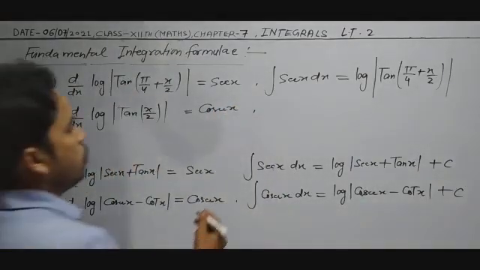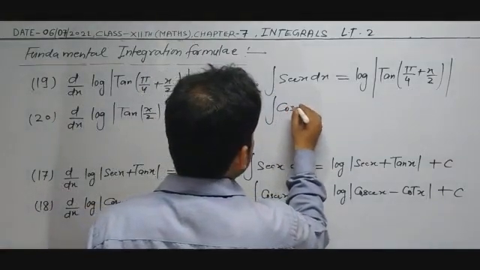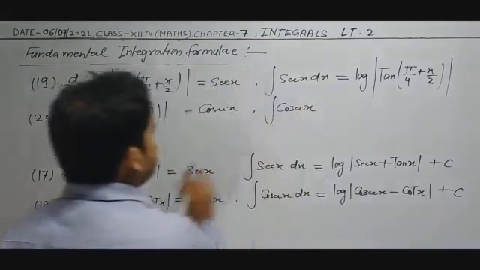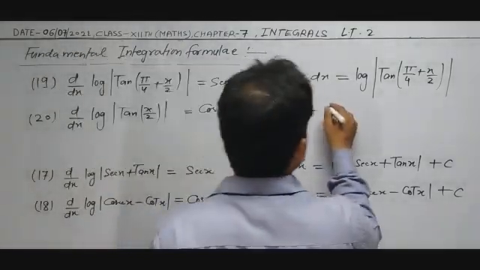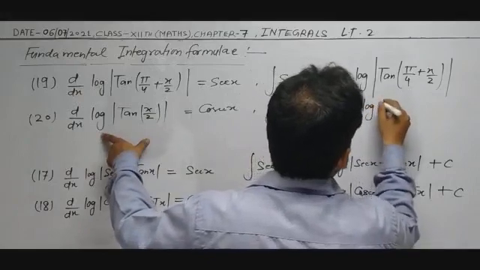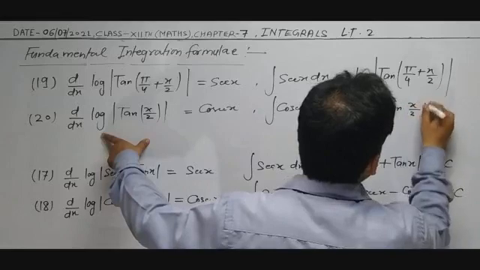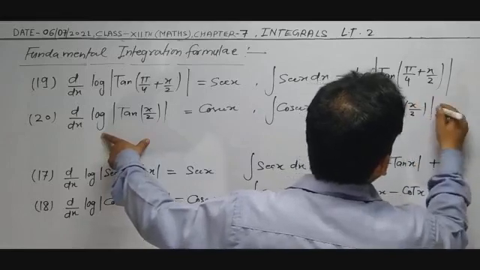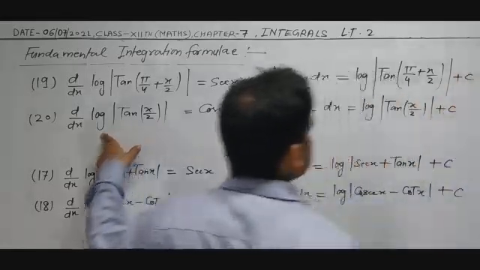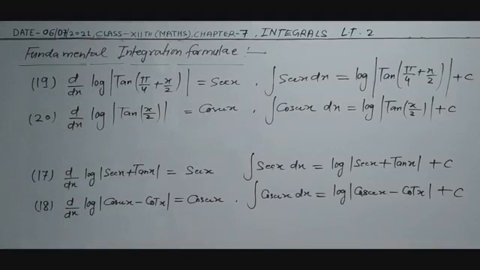Now its antiderivative, integration of cosec x dx can be written as log of mod of tan x by 2 plus c. Now come to formula number 21.